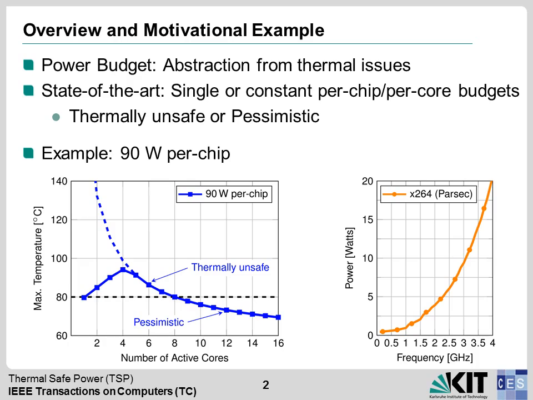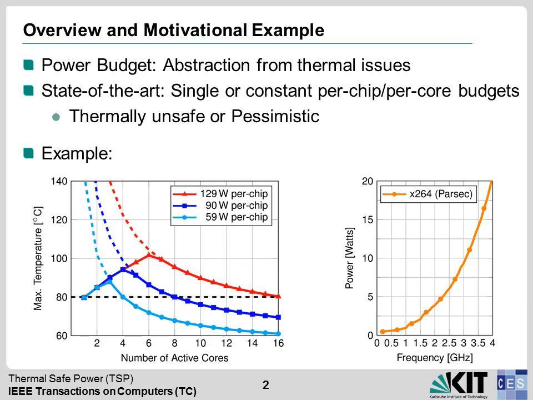cores with this 90 watt per chip budget, we clearly observe this thermally unsafe or pessimistic behavior depending on how many cores we have active in each case. If we now consider different per chip values as different budgets, we observe that this curve either goes up or down depending on the value of the per chip budget, having either more points that are thermally unsafe or more points in which we have a pessimistic behavior.